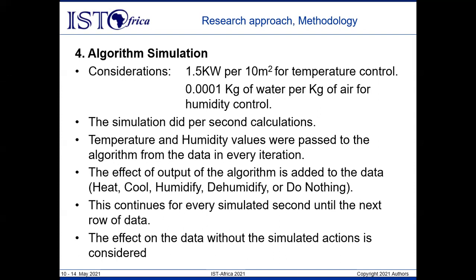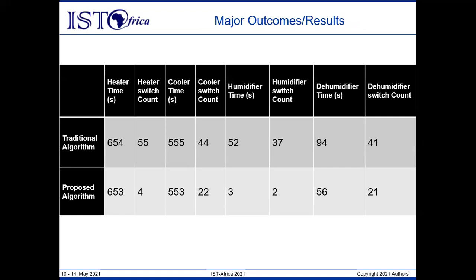So we found that the results were as this. The time that the heater spent running in the simulation was almost the same for the traditional and proposed algorithm. But the number of times the heater was switching on and off was very high when using the traditional algorithm than when using the proposed algorithm.